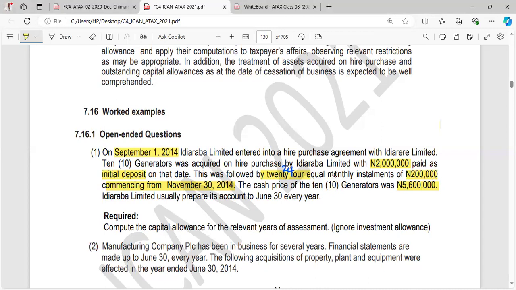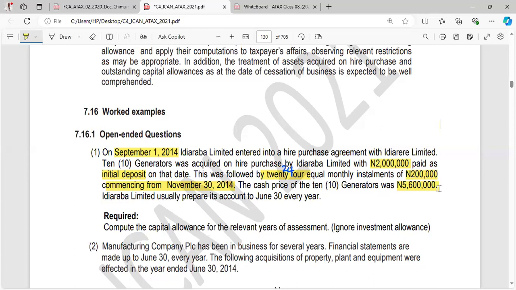This was followed by 24 monthly installments of 200,000 commencing from November 30th. The cash price of the 10 generators was 5,600,000. What it means here is that if you had paid cash outrightly on September 1, 2014, you would have paid 5,600,000. And that is what is going to enter into your books as your cost of the asset.